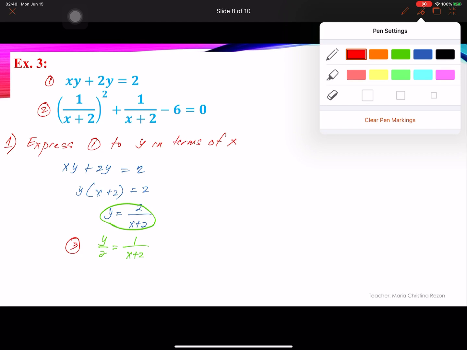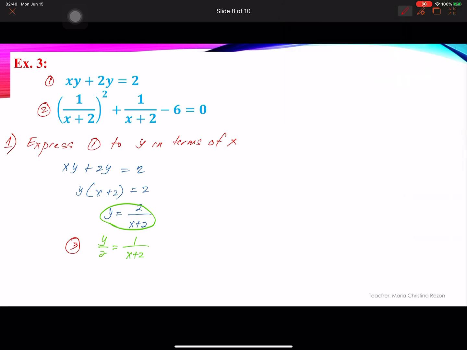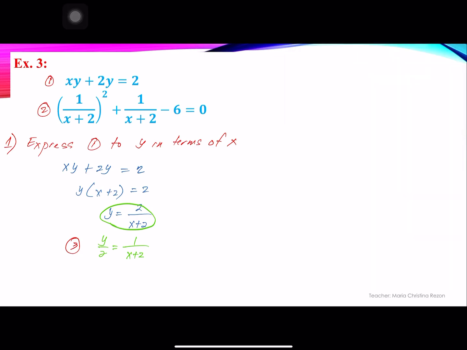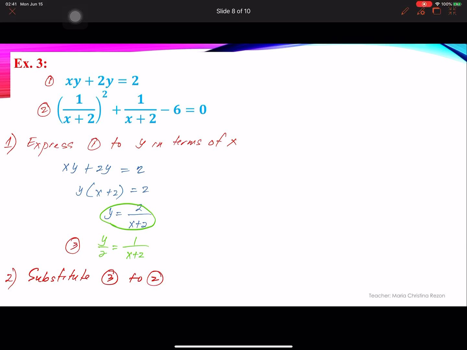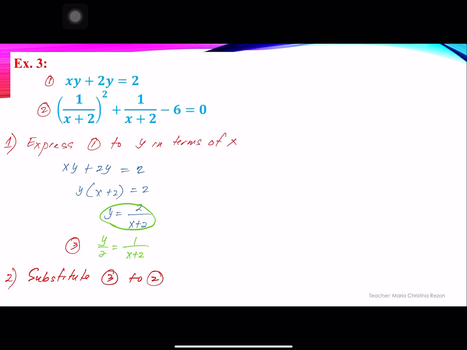So it's always that we make each term simple. So the second step is substitute our equation 3 to equation 2. So you have here 1 over x plus 2 squared plus 1 over x plus 2 minus 6 is equal to 0.